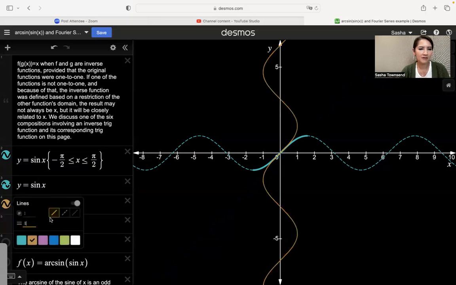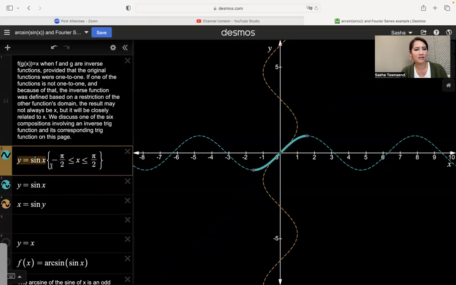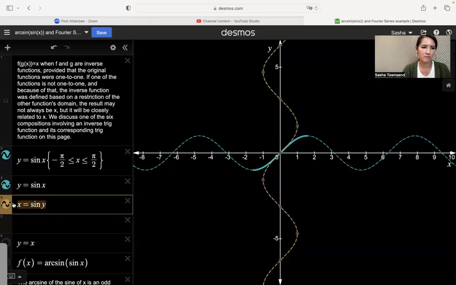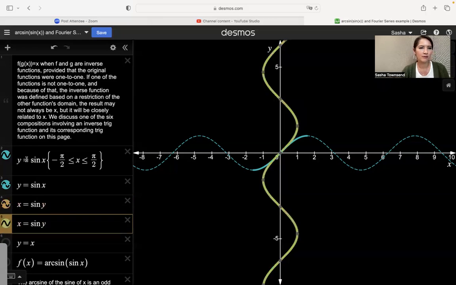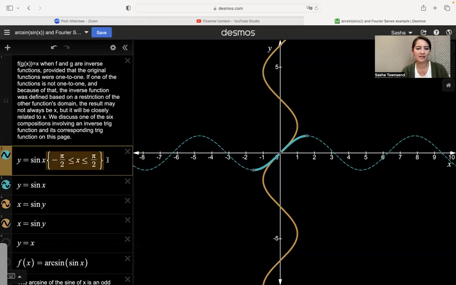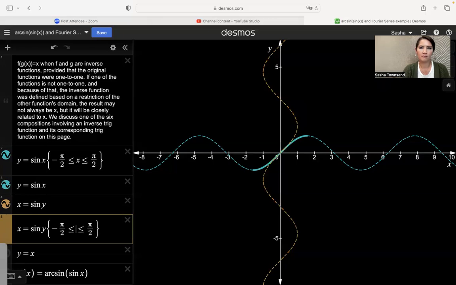And if I want, instead of an inverse relation, an inverse function, I take this restricted version of the sine function and I switch the roles of x and y. So rather than having y equals sine of x, where x is between negative pi over 2 and pi over 2, we could have x equals sine of y, where y is between negative pi over 2 and pi over 2. And we see that's what we've got.